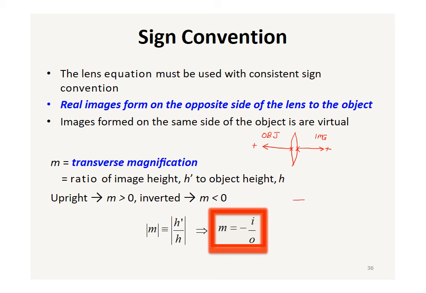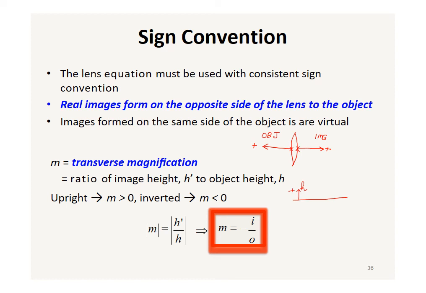When it comes to magnification, we're now talking at an angle, perpendicular in fact, compared to the optical axis. Our height is going to be positive if it's above the axis.